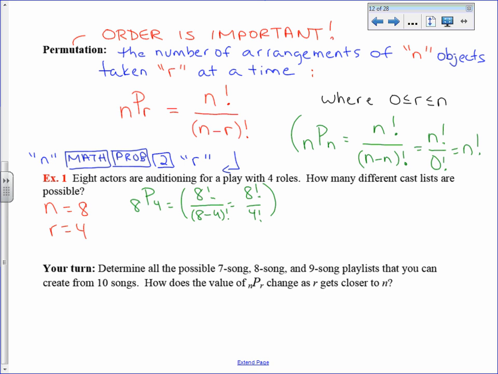You don't need to write that out. What you want to do is just put that into your calculator. Push 8 on your calculator, then math, probability, 2, and then 4, and you should get 1,680. So make sure you can do that on your calculator. A non-graphic calculator is a lot easier to use for permutations at home because usually the keys are right there.